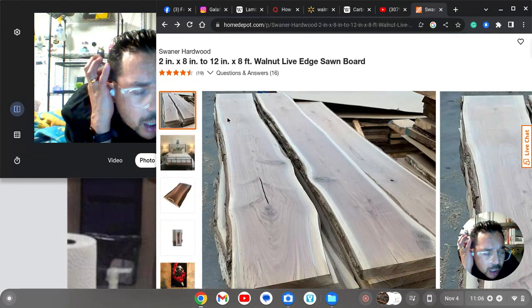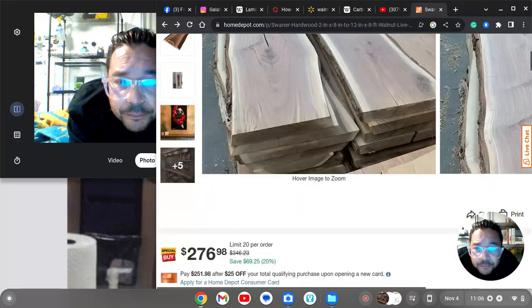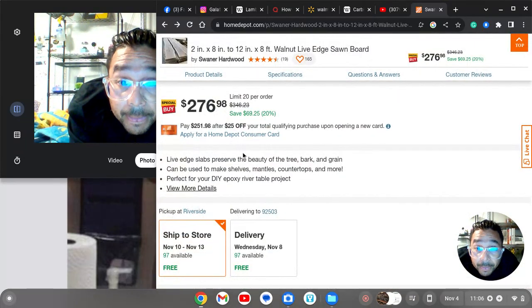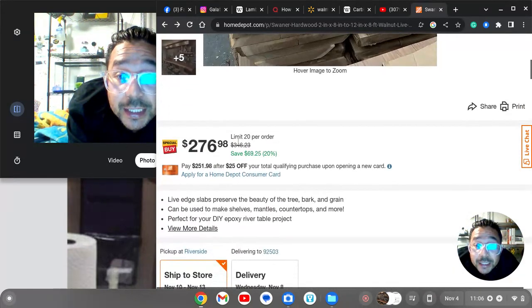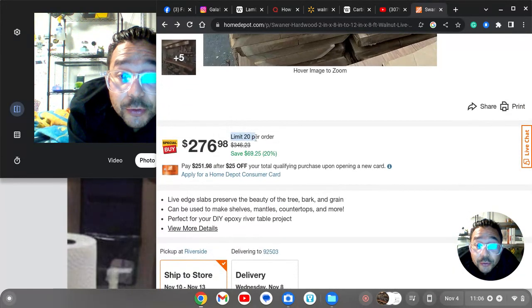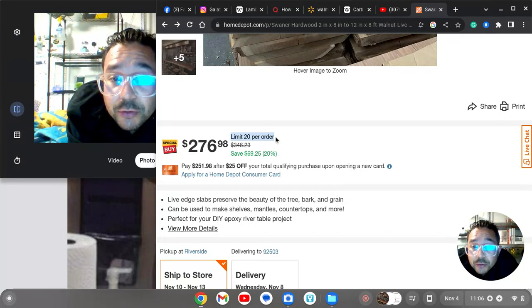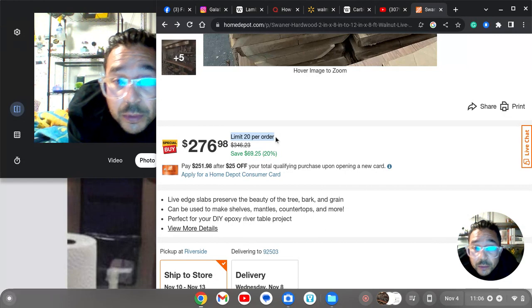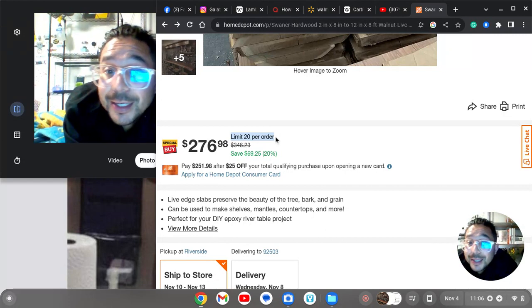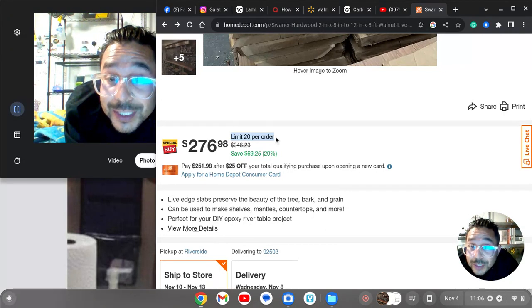Okay, so it says limit 20 per order. So that is technically saying that in order to purchase this, someone would have to place an order of no more than 20, because it doesn't say minimum.